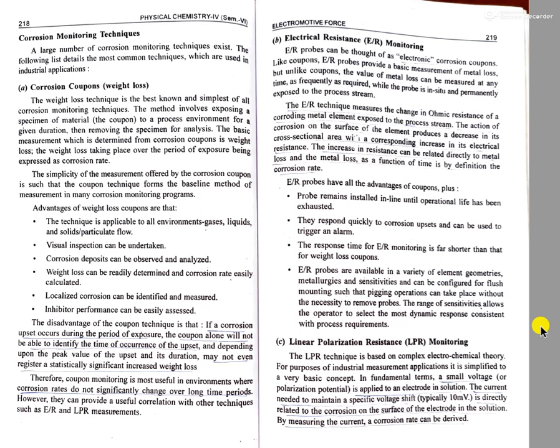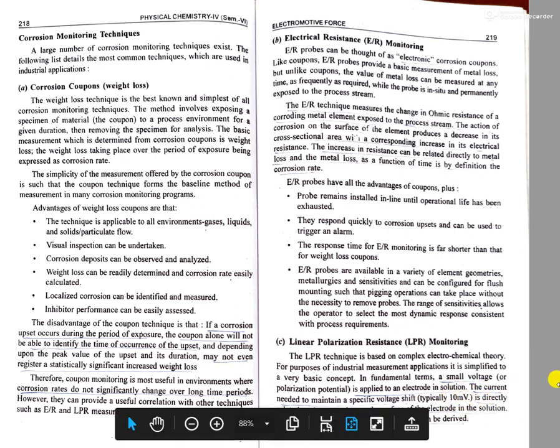Then the current needed to maintain a specific voltage shift is directly related to the corrosion of the surface of the electrode in the solution, and therefore by measuring the current, the corrosion rate can be derived. Here, we need to maintain a specific voltage shift, typically for example 10 millivolt, given here in the bracket.